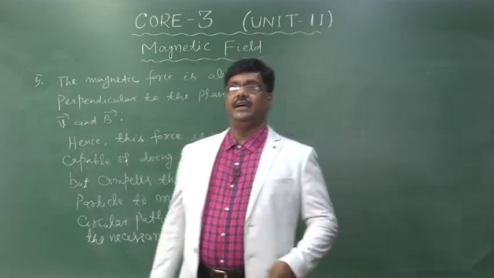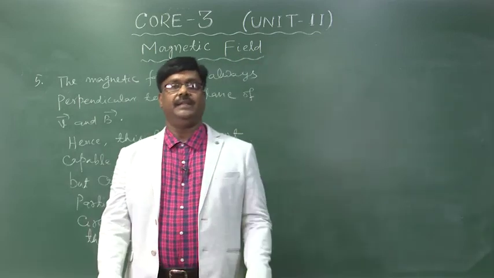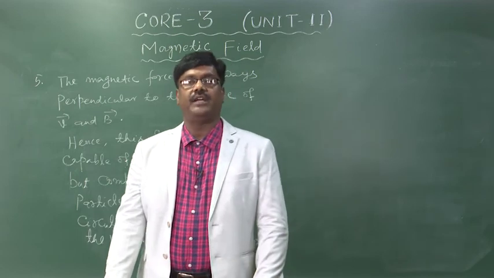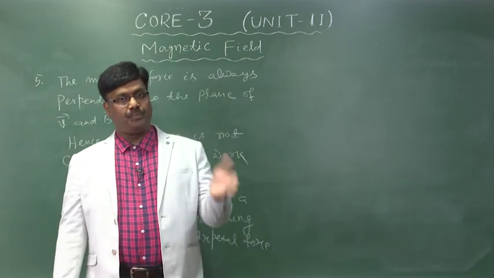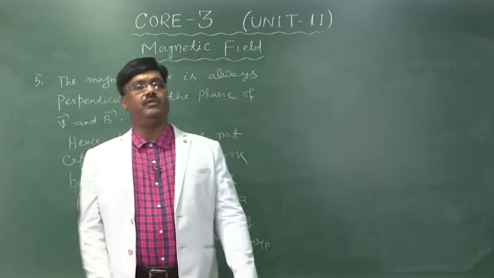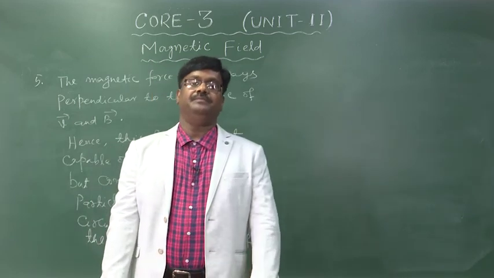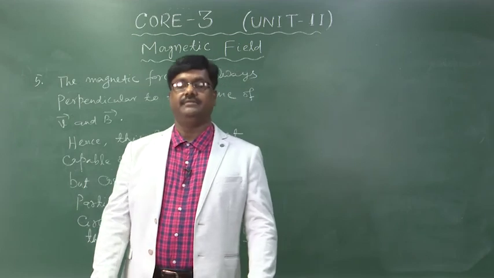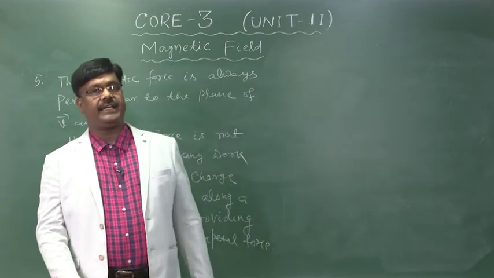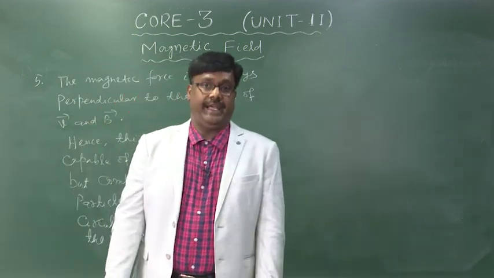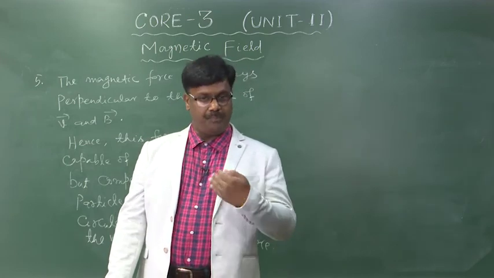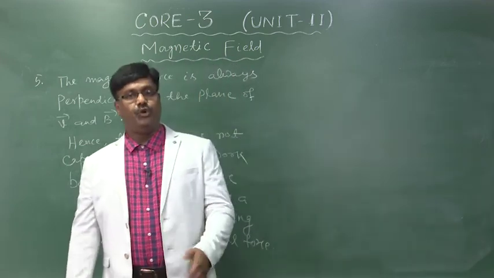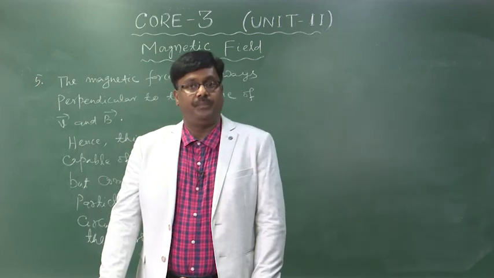That means, as the charged particle moves perpendicular to the direction of the field, the force will also act perpendicular to both of them, and that force is incapable of doing any work and changing the kinetic energy, but compels that charged particle to move along a circular path.